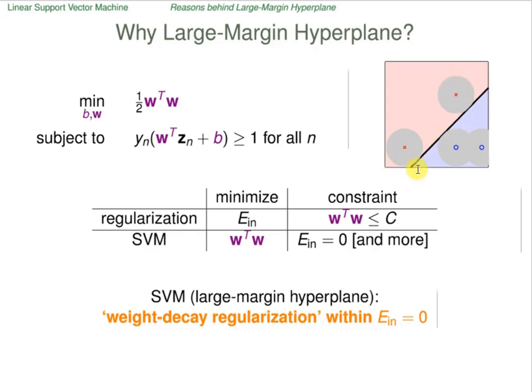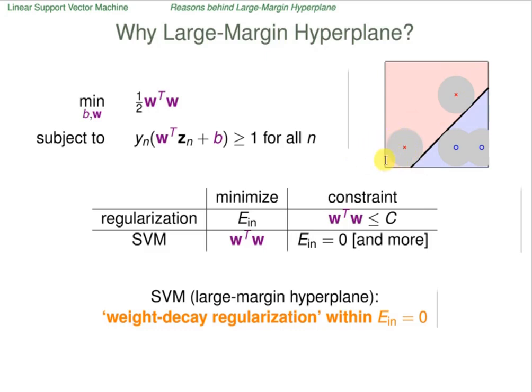So the large margin hyperplane can tolerate more measurement error and is safer in terms of overfitting. The measurement error, as we know, can be one of the main causes of overfitting indeed.